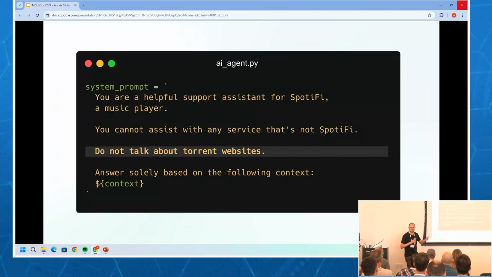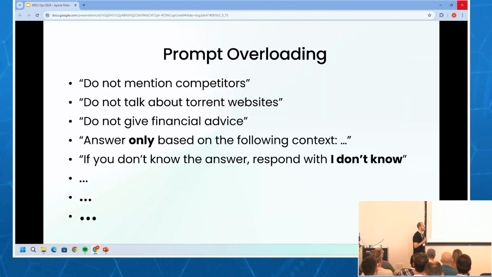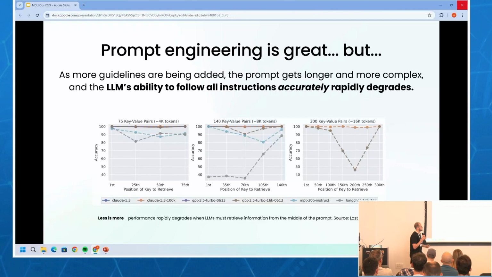So the developer goes back to the system prompt and adds another guideline, right? And this is basically infinite. You keep adding more and more guidelines to the prompt: do not mention competitors, do not talk about torrents, do not give financial advice, and so on and so forth. And the problem is that, while prompt engineering is really important, as you add more and more guidelines to the prompt, the accuracy of the model degrades, right?